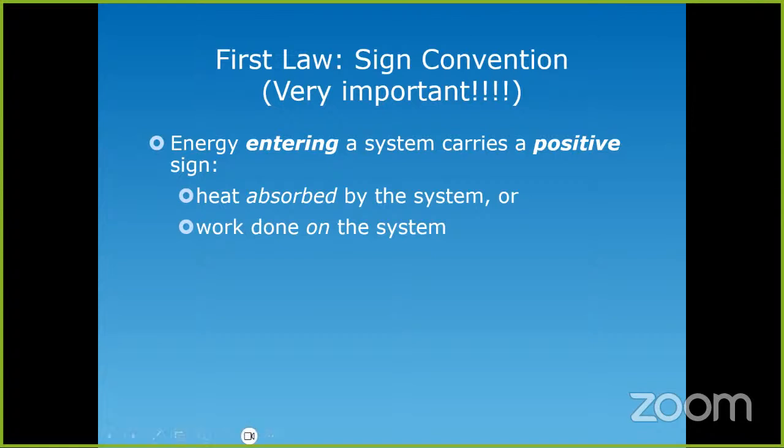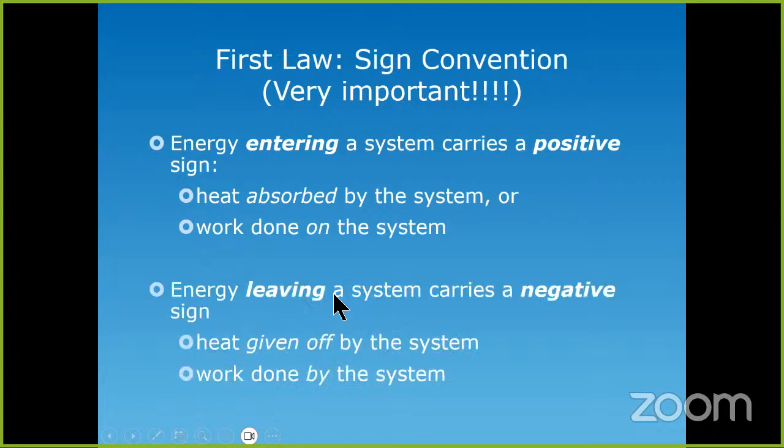There are two ways this can happen: either the system absorbs heat or work is done on the system. So if the system is absorbing heat or the surroundings is doing work on the system, then energy is entering the system, and the change in internal energy of the system will be positive.